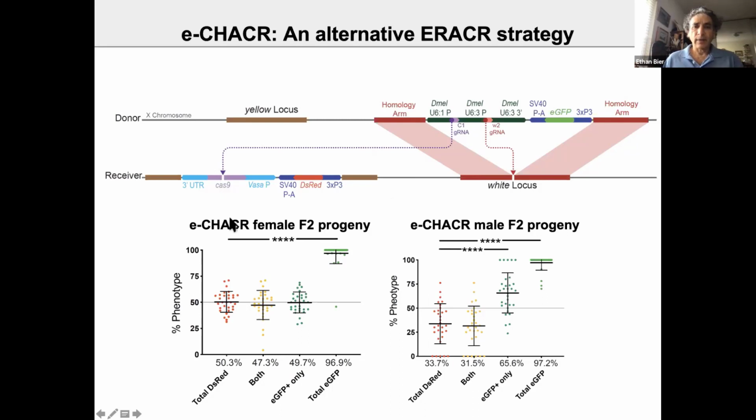Then you get very good drive. But again, you see this bias in males of inheritance of this donor chromosome here, relative to those that it's copied on, which will have dual fluorescence because you have both red and green if it copies. So this is basically the donor chromosome, those that are just GFP only.